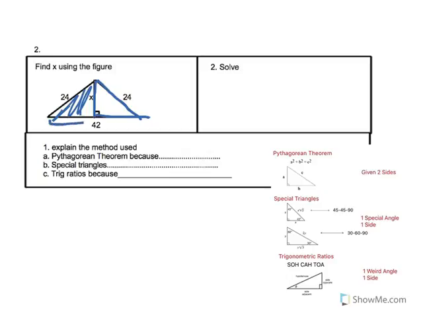Let's look at another example. In this problem here, they tell us to find x using the figure. So we're going to do the exact same thing we did last time. Let's pick one triangle. Let's pick this one here. And we're going to isolate this triangle and ignore this triangle. So the problem tells us that this whole side here is 42.